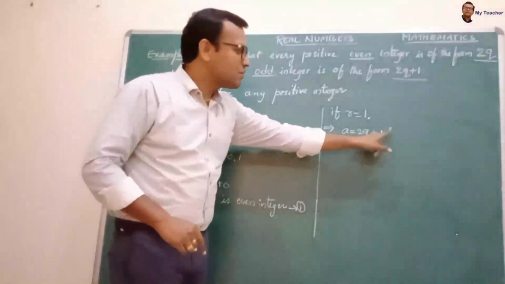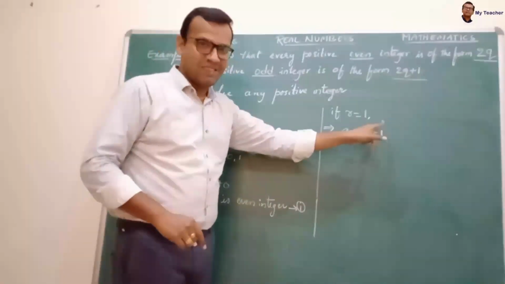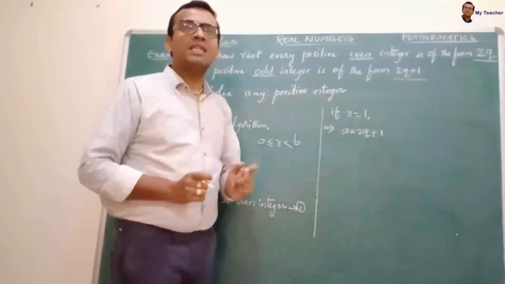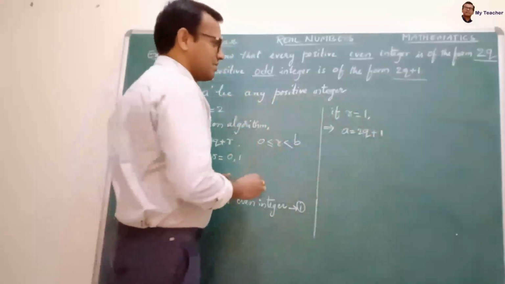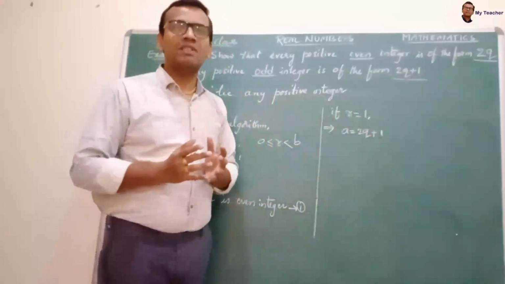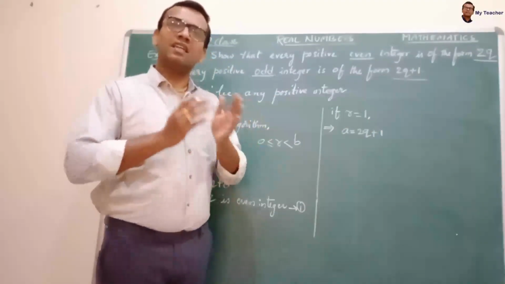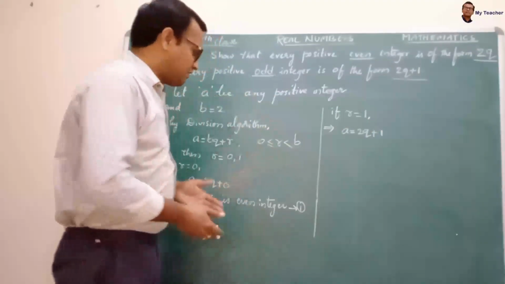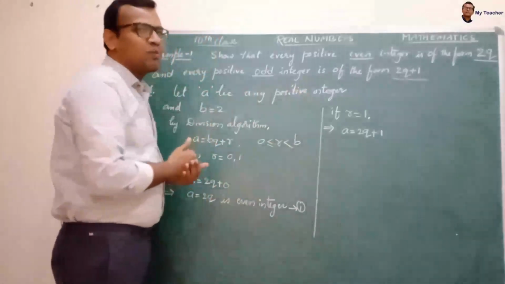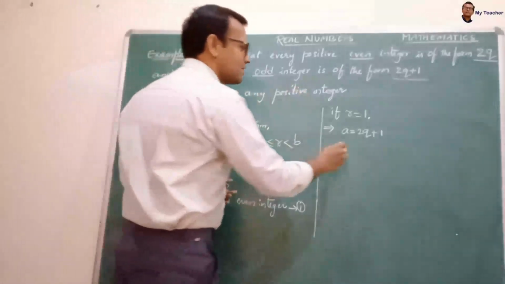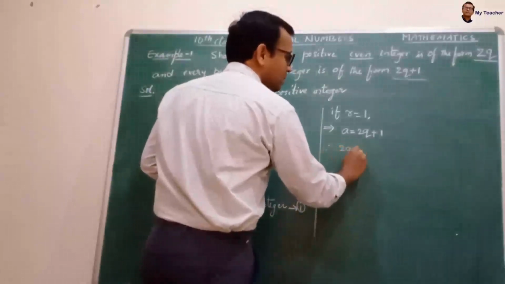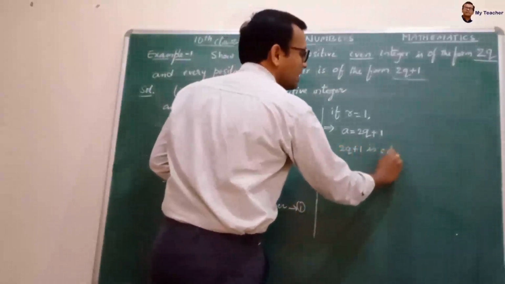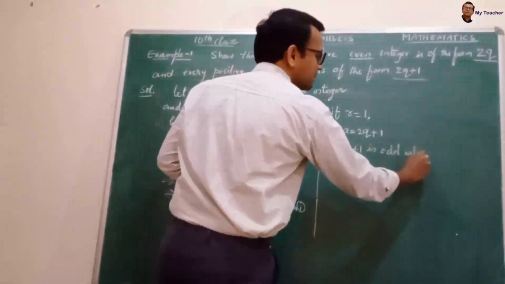No, because we are getting remainder 1. So the number which leaves remainder 1 when divided by 2 is called an odd integer, because all the positive integers are either even or odd. If 2q is even, then 2q plus 1 becomes odd. Therefore, 2q plus 1 is an odd integer.